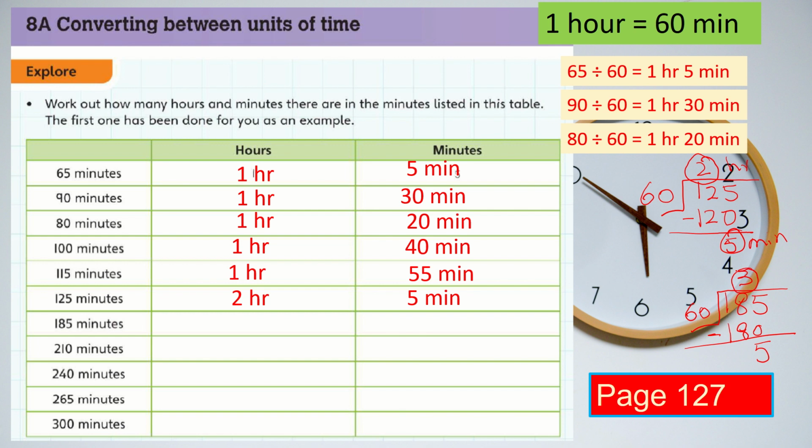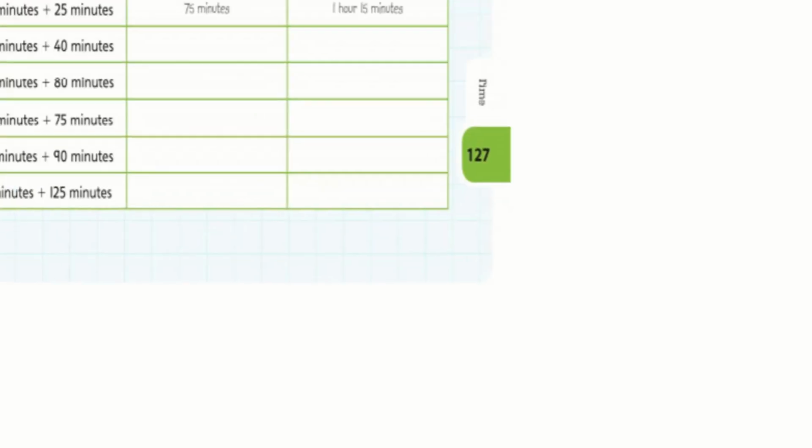So it would be 3 hours and 5 minutes. Now with 240, 60 fours are 240, so no remainder. So you will write 0 minutes here, because there is no remainder.